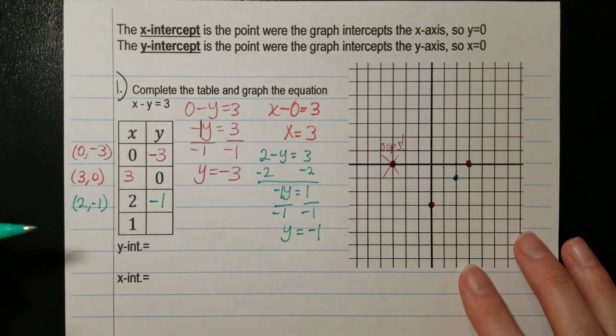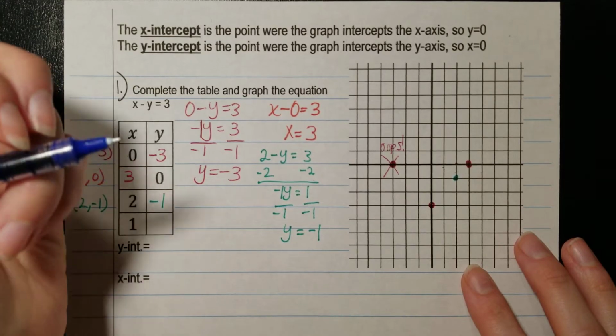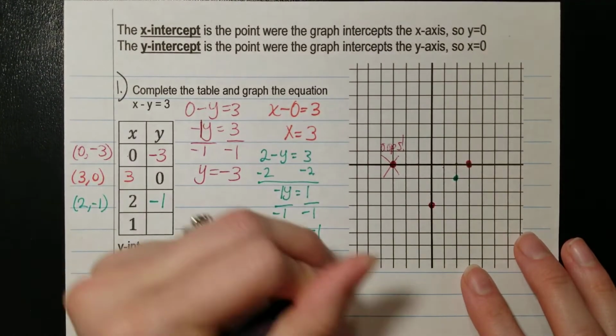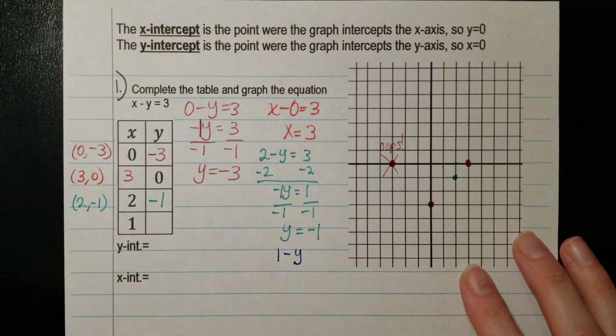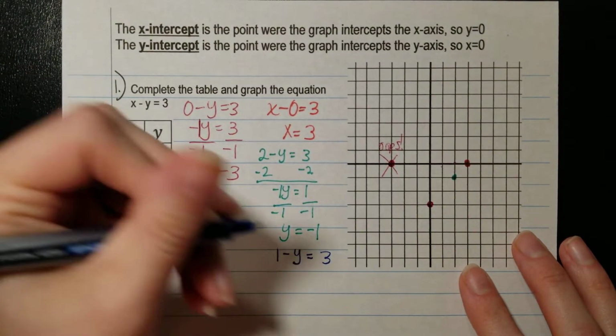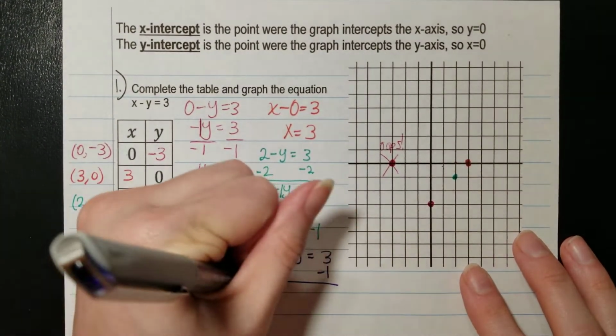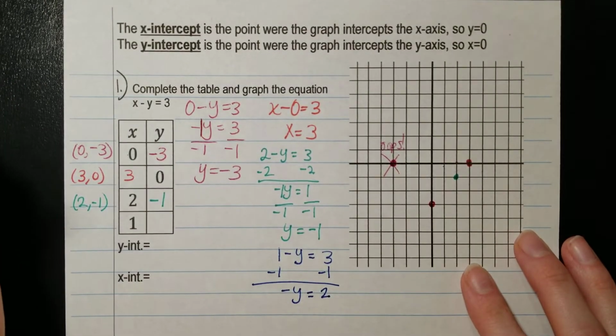All right, and then the last line on the table, they gave us 1 for x. So we're going to plug that in to find out what y would be. So 1 minus y equals 3. Subtract 1 from both sides, so that would give you negative y equals 2.